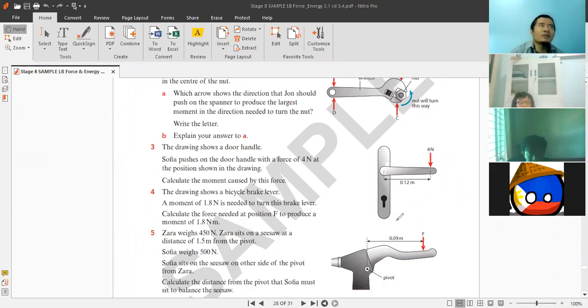What is the distance between force and pivot? Mbak Hafiza, your mic is not on yet. No, my question is, what is the distance between force and pivot?